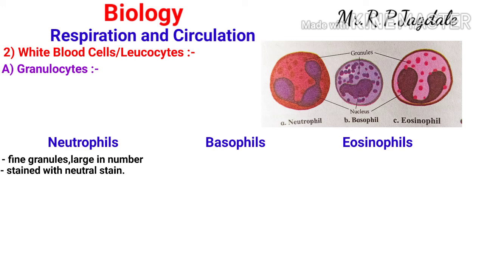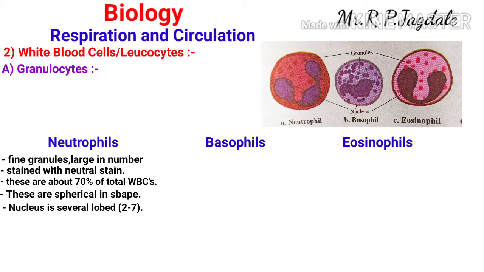About 70% of the total WBCs are occupied by neutrophils. That means in the entire WBC population, the largest number is of neutrophils. Regarding the structure of these neutrophils, they are spherical in shape, as you can see in the diagram.